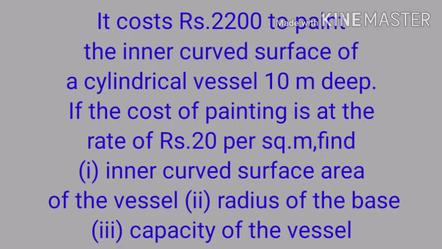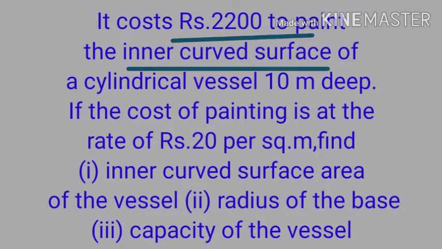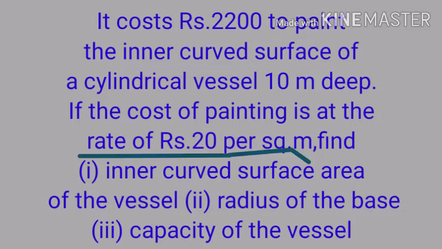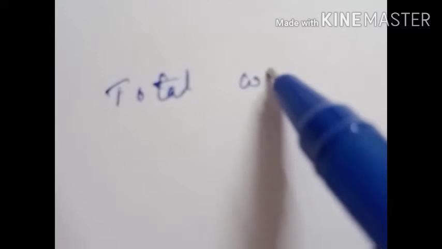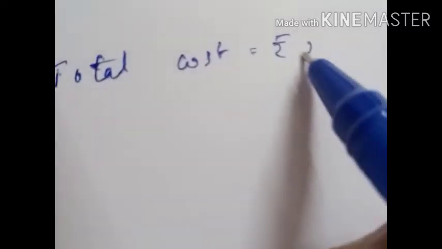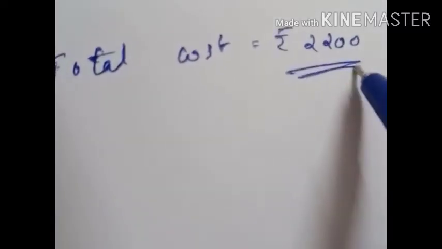Here it is given that cost of painting inner curved surface of the cylindrical vessel is rupees 2200 if the cost of painting is at the rate of rupees 20 per meter square. Here the total cost of painting is given as rupees 2200.